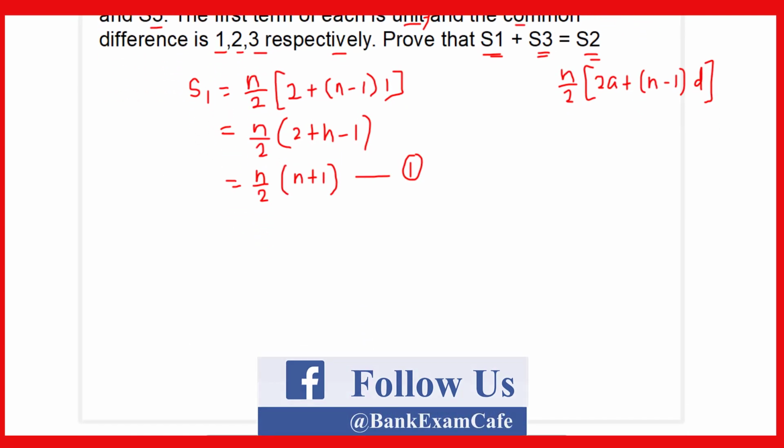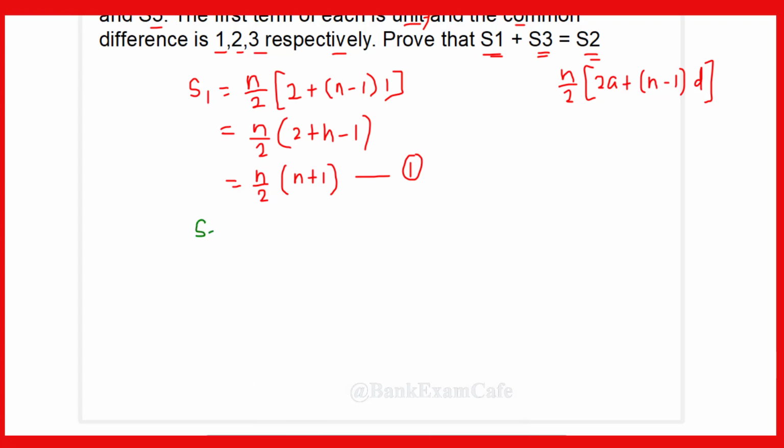So S2 is equal to n by 2 into bracket 2a. a is 1 because the first term of all the 3 arithmetic progressions is 1. So 2 into 1 will be 2. 2a plus bracket n minus 1 close the bracket, and d for the second arithmetic progression is 2 close the bracket.